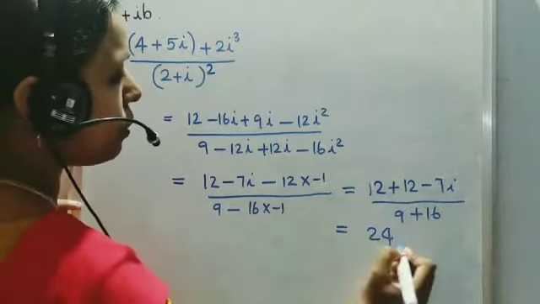The next problem is 1 divided by (1 + i)(1 − 2i)(1 + 3i). Here first we take the denominator, which is (1 + i)(1 − 2i)(1 + 3i). Multiply the first two terms.